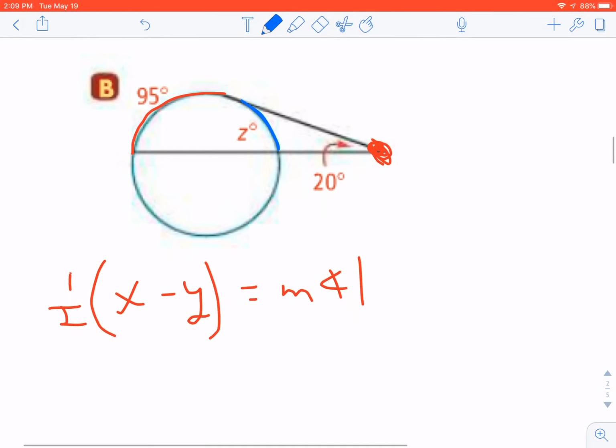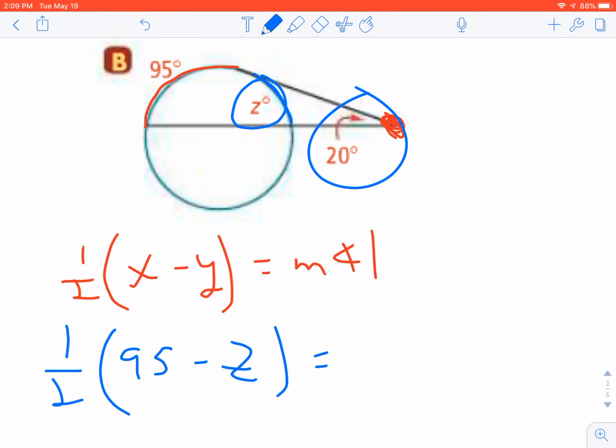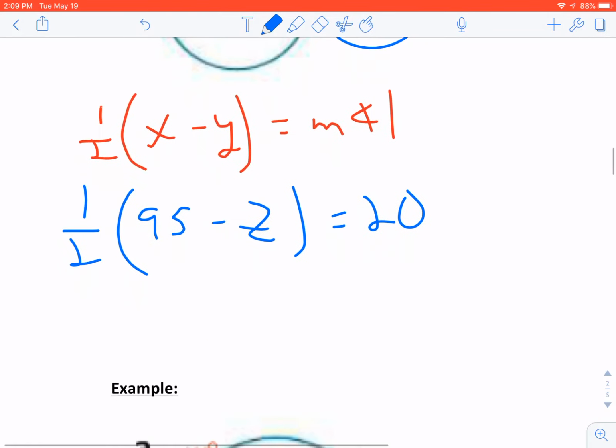The 1/2 is a constant, that doesn't change. The big arc, which is 95, minus this is a variable. The angle measurement is 20 degrees, so that's your setup. These two parts represent your arc measurements, but I'm looking for one of the arc measurements, so I'm going to put a variable in place for that.